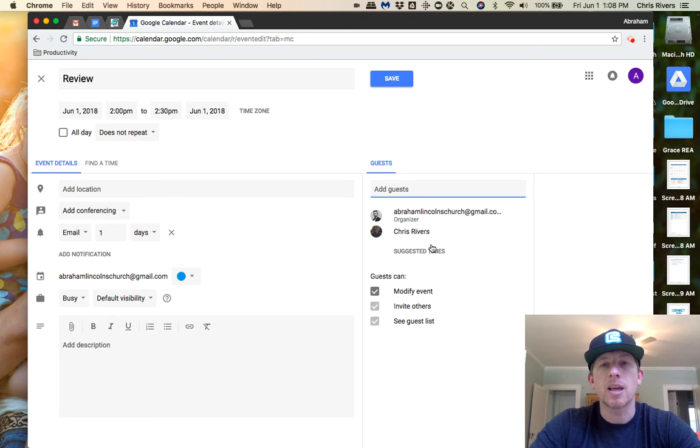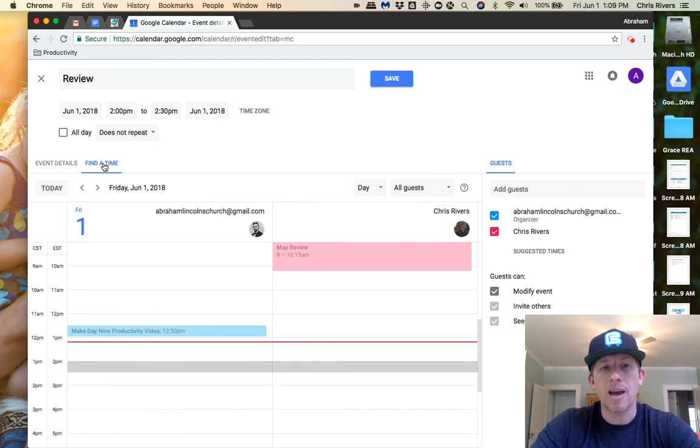And there's like these 10 emails of, well, I can't meet at this time, or I can't meet at this time. So this is one option for you to do this, something not a lot of people are aware of, but the find a time button. So if you have individuals that give you access to their calendar, in your network, I can tell right away that this would be a good meeting time for us.